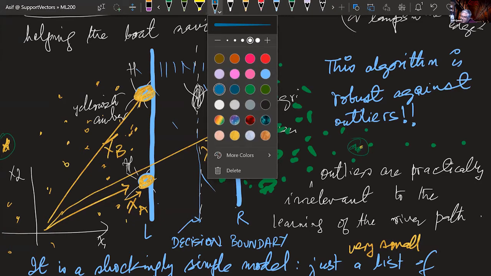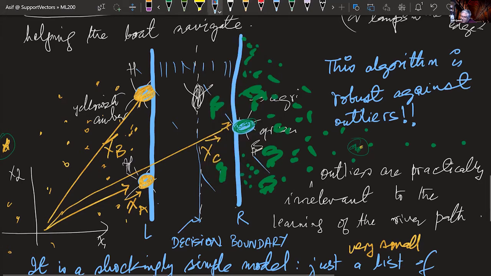Which color should I use? Let's use this color. It's a pretty multicolored thing. And should this become your new river? Do you see this thing? Should this become the new river?